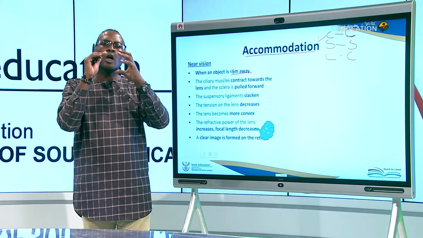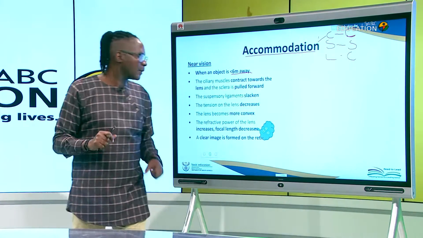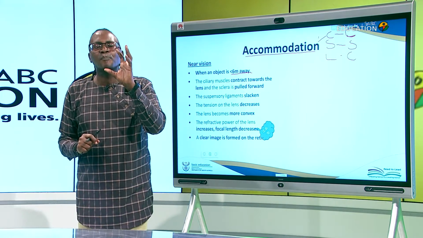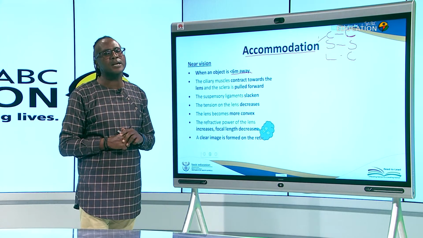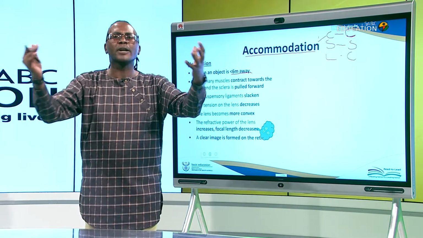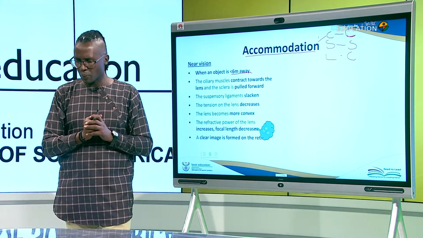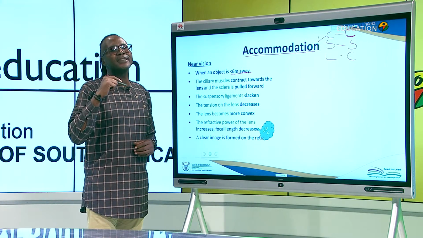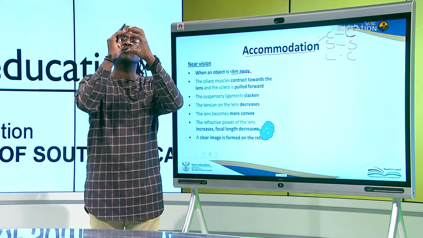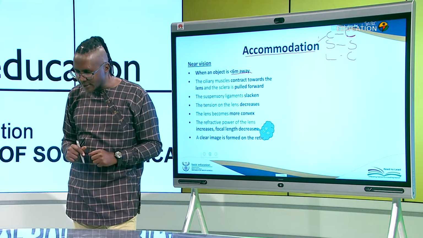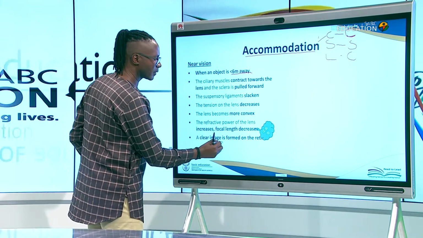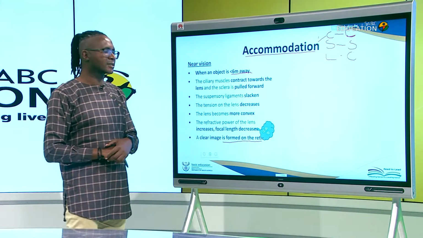And when the lens becomes more rounder, the refractive power of the lens increases, so it's able to refract more light. Then the focal length decreases. The focal length decreases because the lens is more rounder. And now a clear image is landing on the retina.